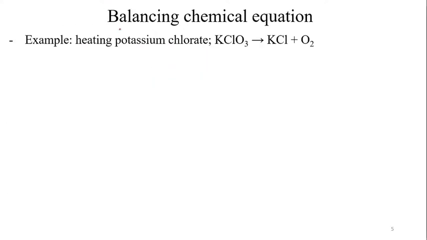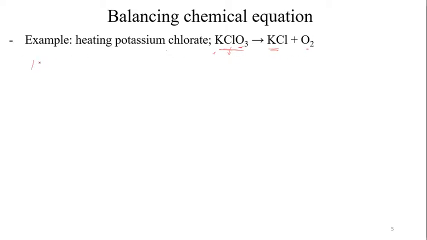Let's take an example. Balance the chemical equation for heating potassium chlorate, so the decomposition of potassium chlorate into potassium chloride and oxygen. Here I could see that I have one potassium atom, one chlorine atom, but I have here 3 oxygens and I have here 2 oxygens.